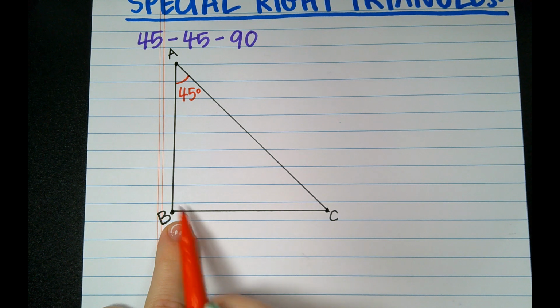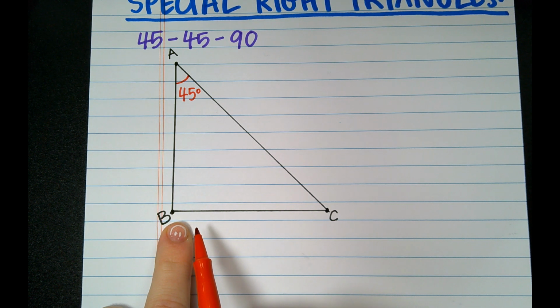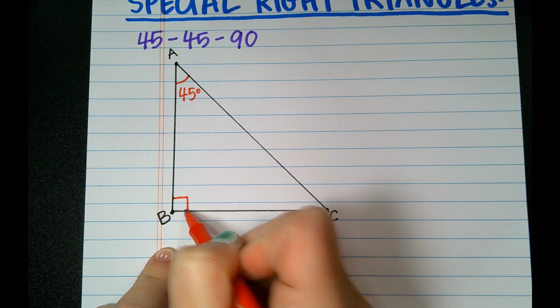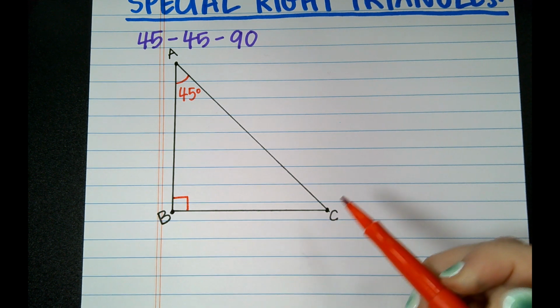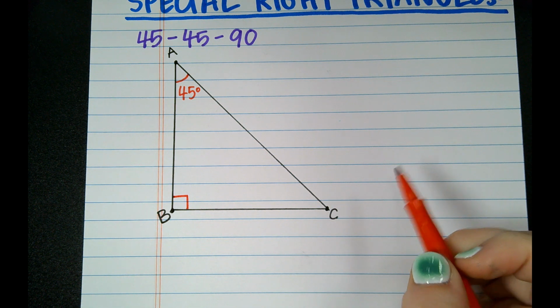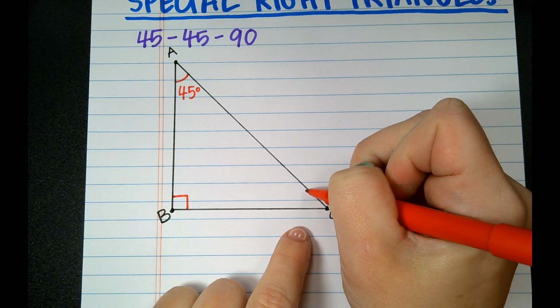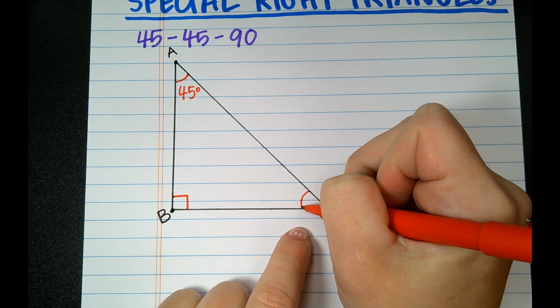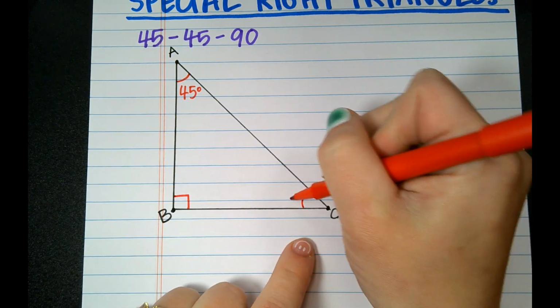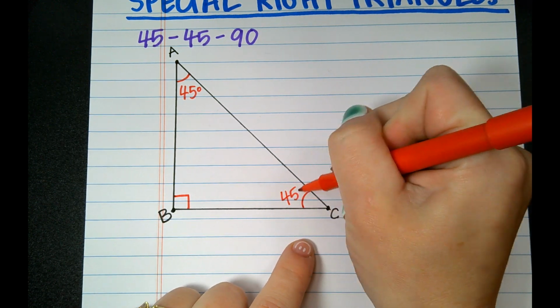How can I indicate that? With a little square with a box. Like that. Okay, and what would the measure of angle C be? 45. Also 45. So one arc to show that these are the same, and then a 45 degree there.